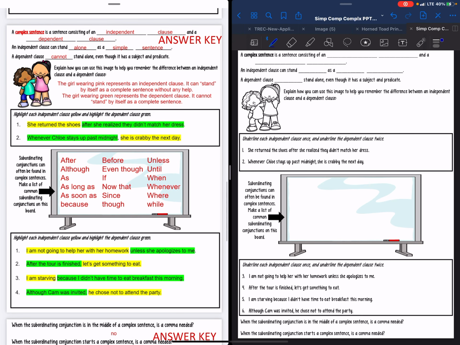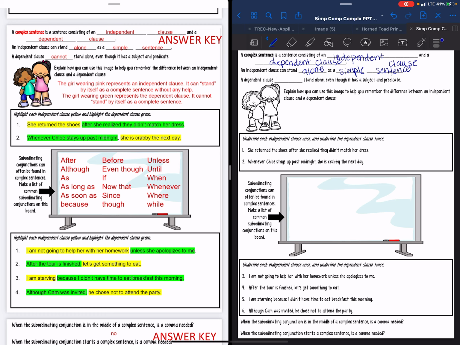So a complex sentence consisting of an independent clause and a dependent clause. So we said an independent clause can stand alone as a simple sentence.